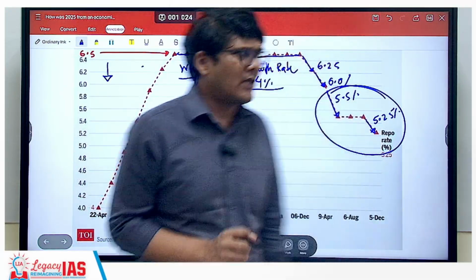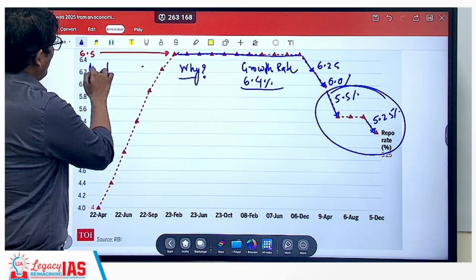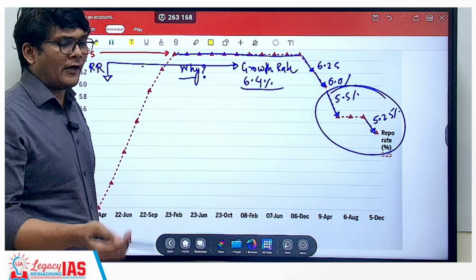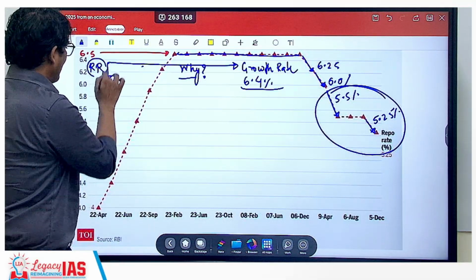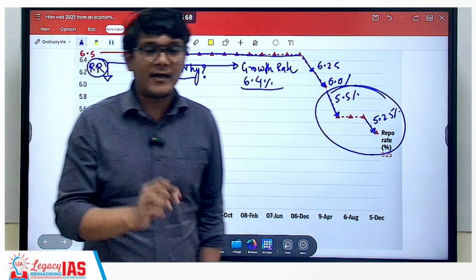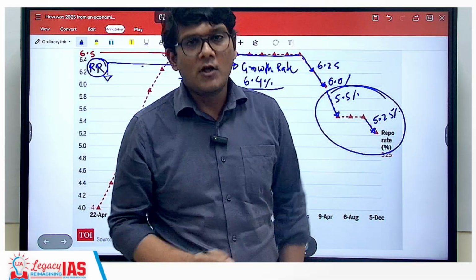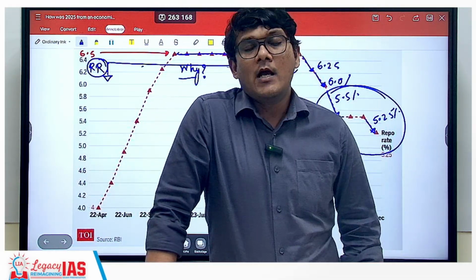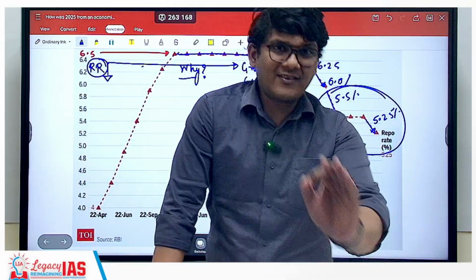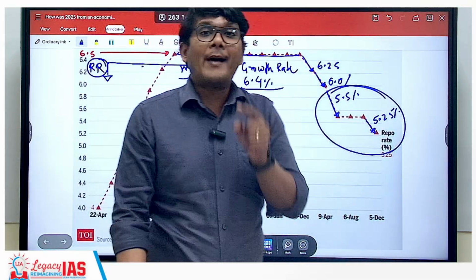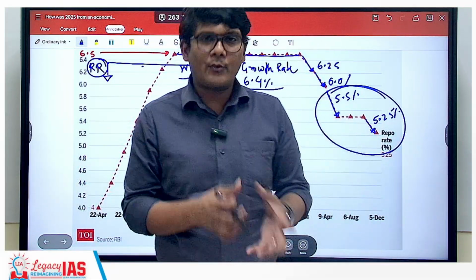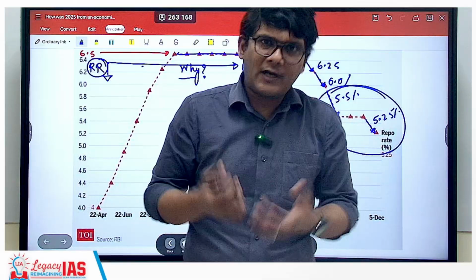But how is the repo rate related to the growth rate? First, we need to understand what this repo rate is. The repo rate is the rate at which the RBI gives short-term money to the scheduled commercial banks. If this rate is high, the banks will be reluctant to borrow money from the RBI, so they will have less money to give out as loans to us.